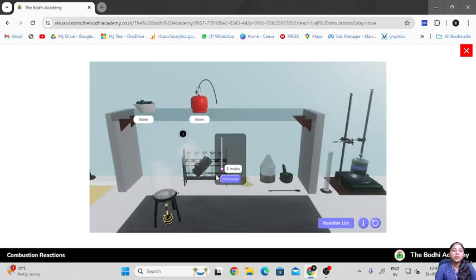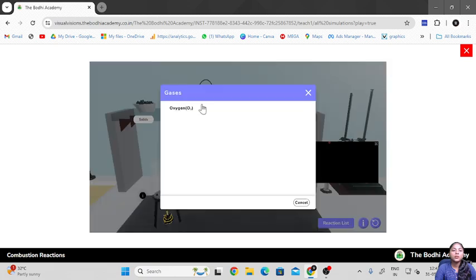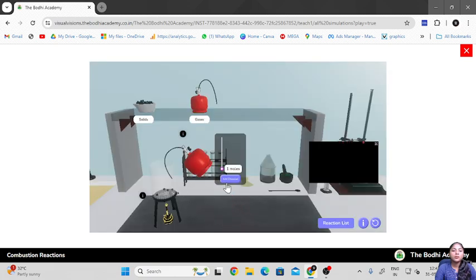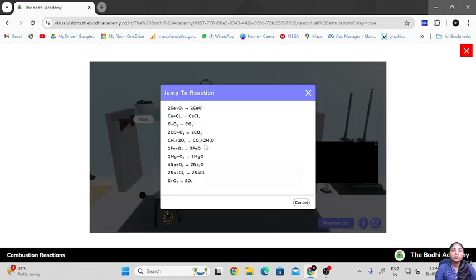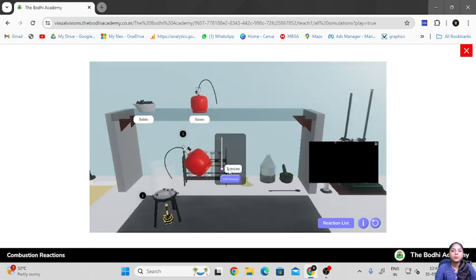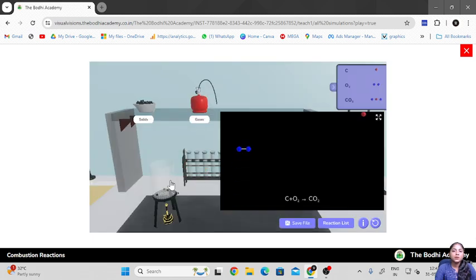So let us see. We will take 1 mole of carbon and 1 mole of oxygen. So this is our carbon, the red one, and this is the oxygen molecule. Now we are applying heat.